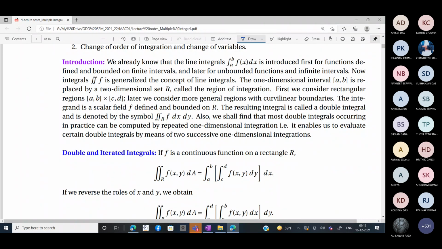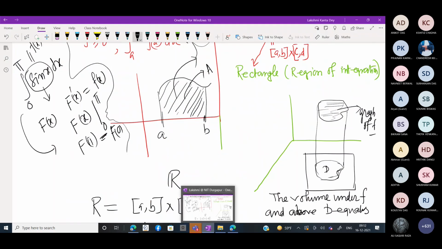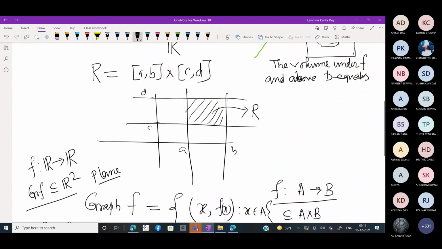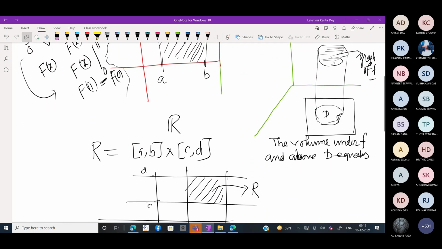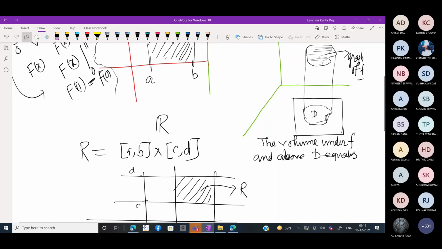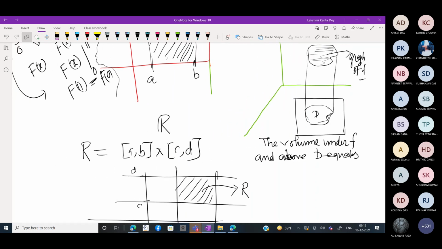Initially, as I told you, we consider a rectangular region AB cross CD, and we have also drawn the picture of that region. So this is your R. And the function is non-negative, so intuitively its meaning is the volume. We have to somehow measure the volume under the graph and above the XY plane, over the region of integration. This is the idea of how we can generalize.